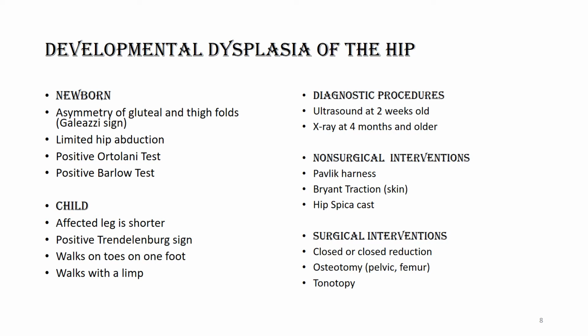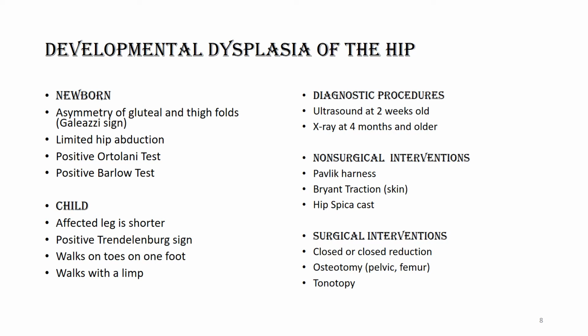We usually want them to flex up the knee that's the shorter one. With that, we'll notice that the pelvis kind of tilts downward. It won't do that if the child does not have hip dysplasia, but if it does, the muscle is now weak and the hip will tilt downward. And that would be a positive Trendelenburg sign.